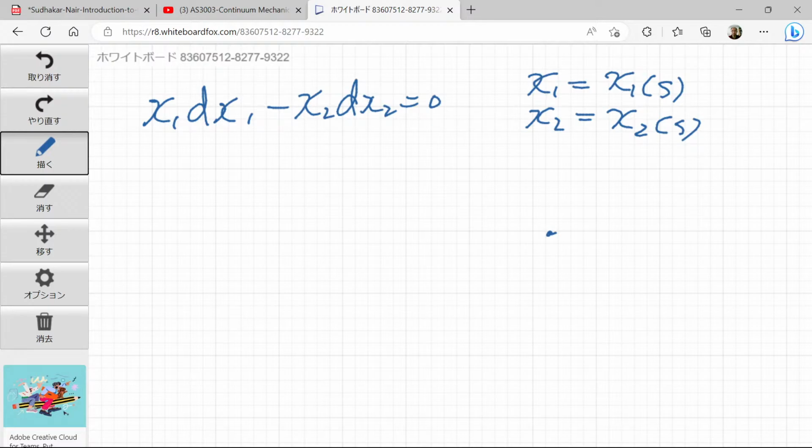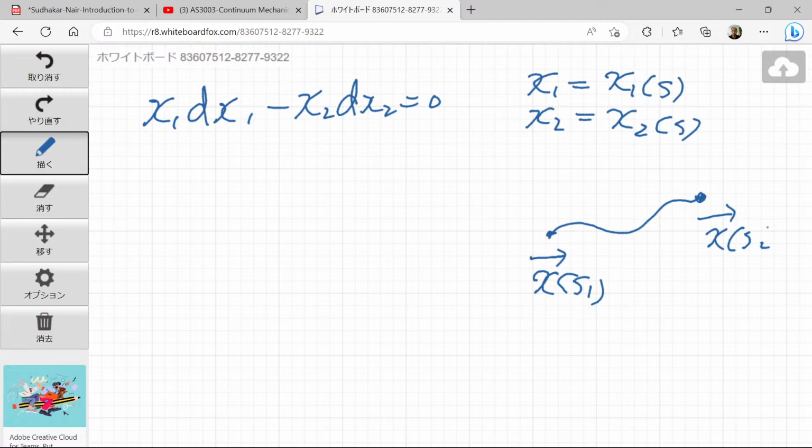So the first point is x at s1. Then you go to the next point, x at s2, for example.